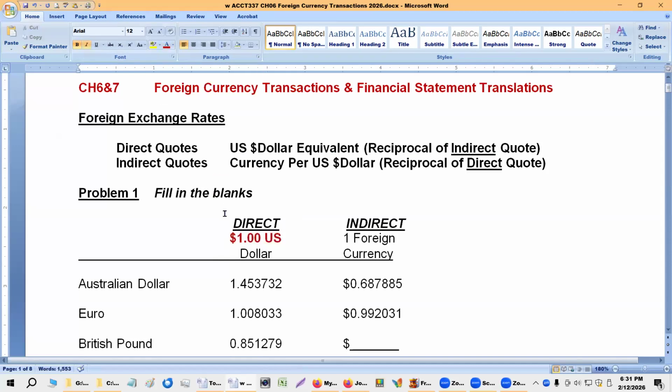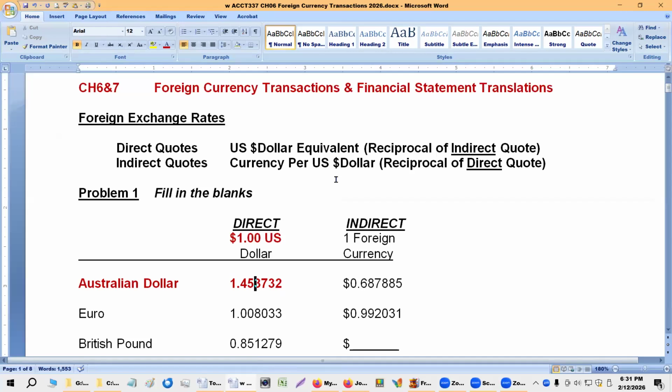But anyway, if we wanted to translate that into Australian dollars, our $1 American is equal to about $1.45 in Australian dollars. So $1 could buy $1.45 of Australian dollars. So that's the direct one, going directly from the US dollar to whatever the foreign currency is.